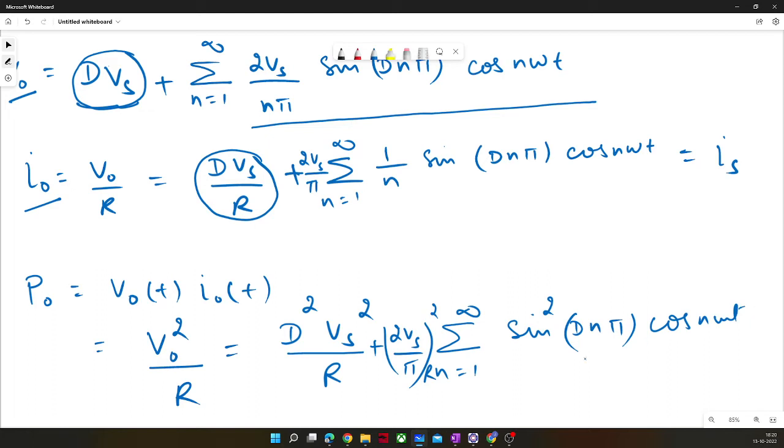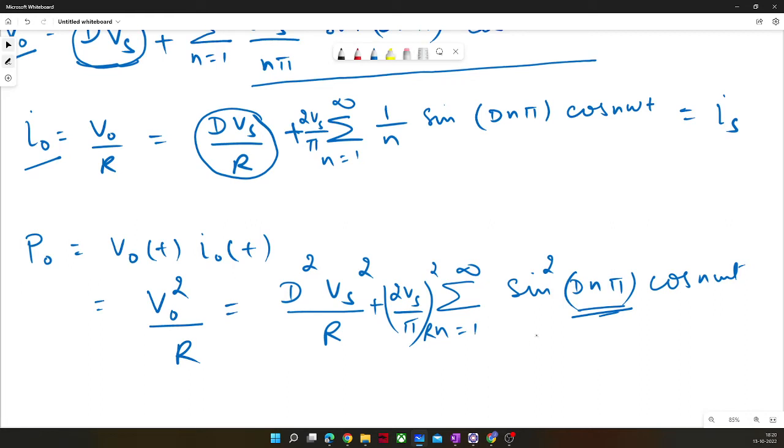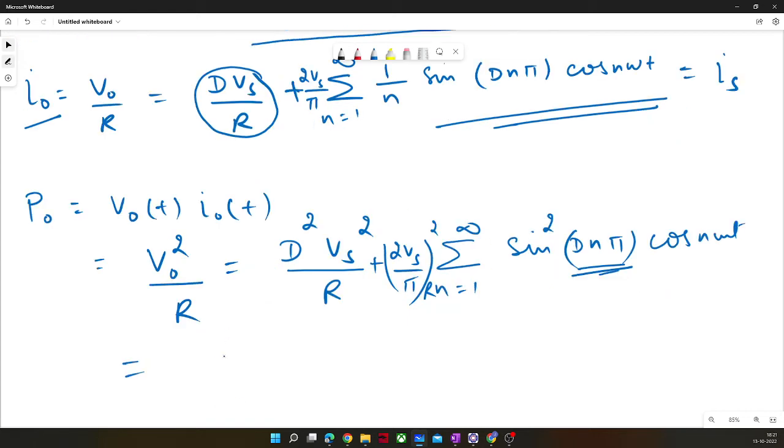Okay, so sine has the component of pi, so it is a multiplication of pi. So it should be zero, or any kind of integration with sine in a full time period, because this is a harmonic component, and if you want to calculate the value, you have to integrate from 0 to T, so that will give you 0. So here you will get P naught is equal to d square Vs square by R.